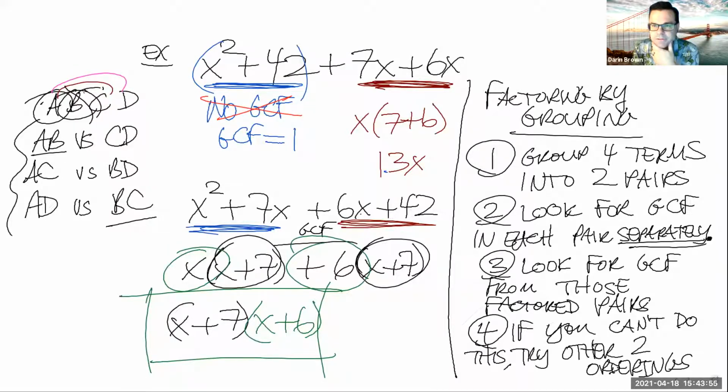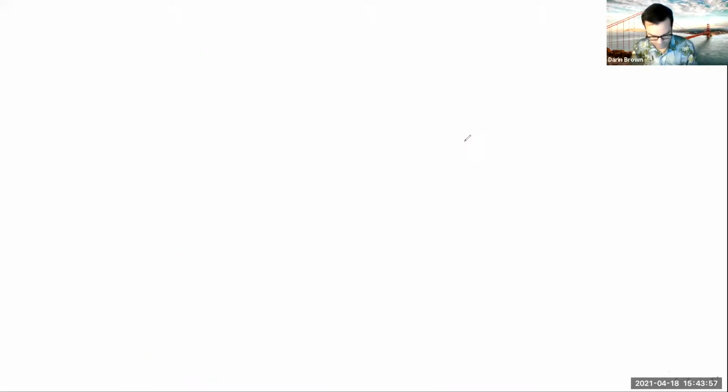So let's start with some simple examples. This is going to be some guess and check. The idea behind guess and check is exactly what it sounds like. It's really trial and error.